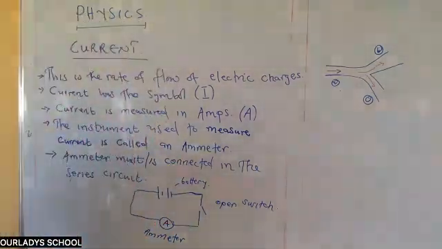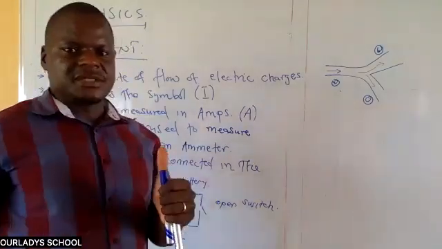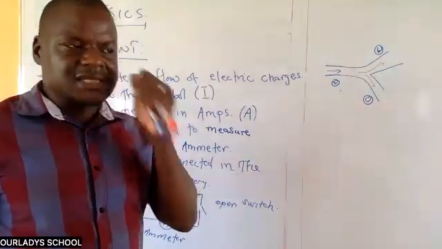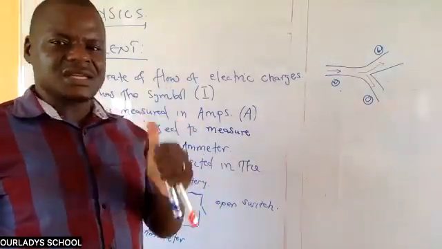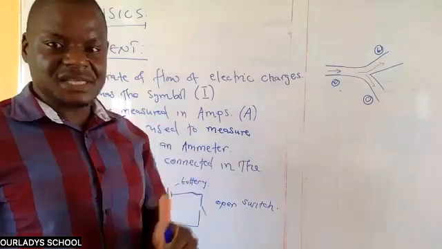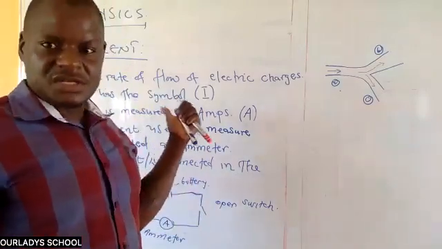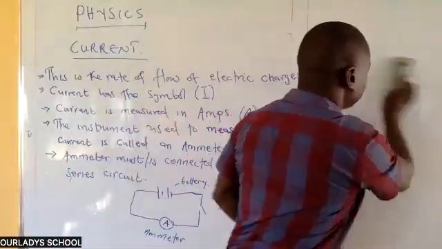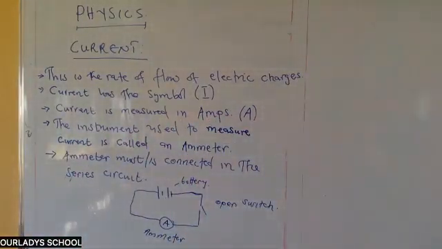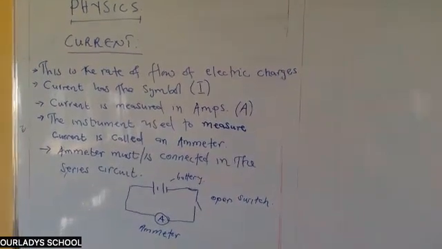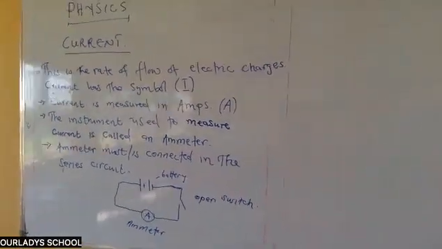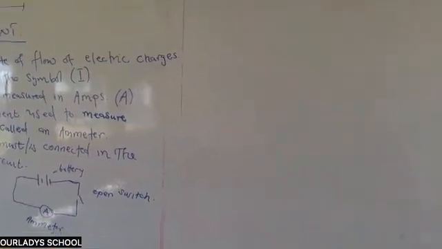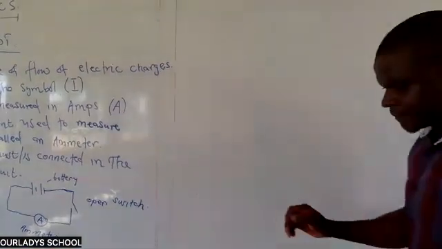Now, most times, the descriptions or definitions of terms that we have in physics point to some formulae. Let me show you. Just allow me to move my camera somewhere here. Good.